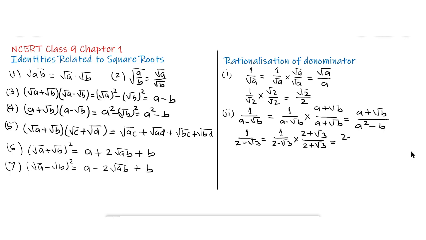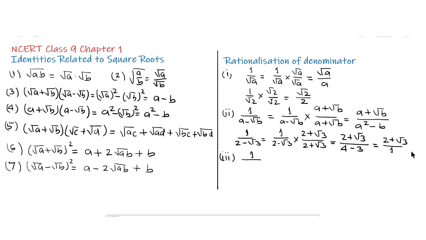This is equal to 2 plus root 3 upon 4 minus 3, which is equal to 2 plus root 3 upon 1, which is equal to 2 plus root 3.